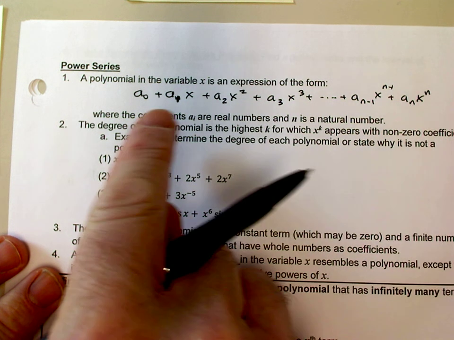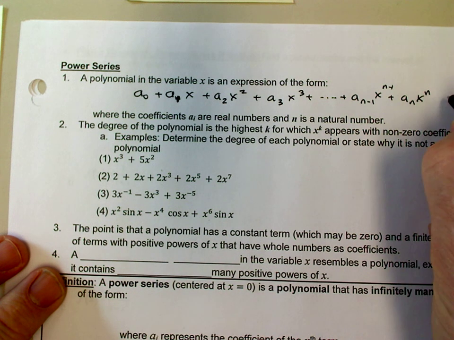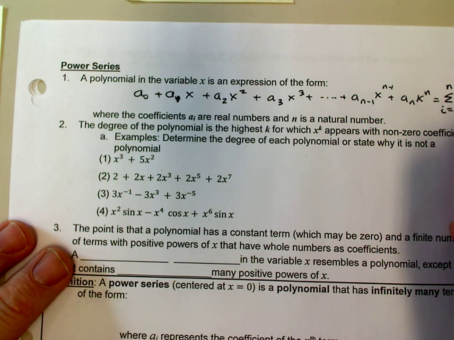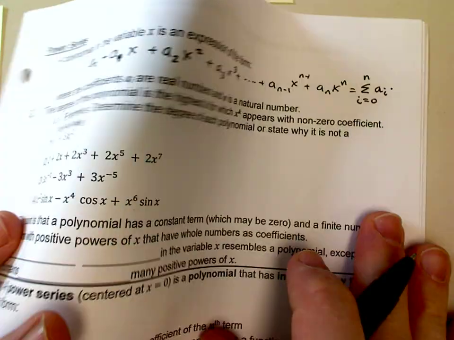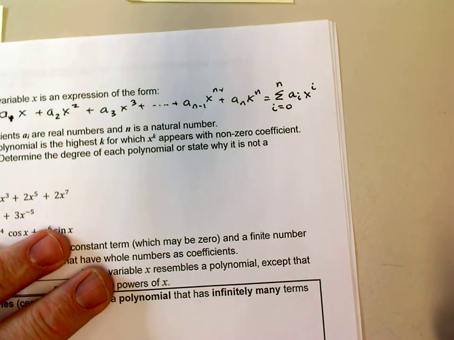So that is a polynomial expression that we could also write as the sum as i goes from 0 to n of a sub i times x to the i power.